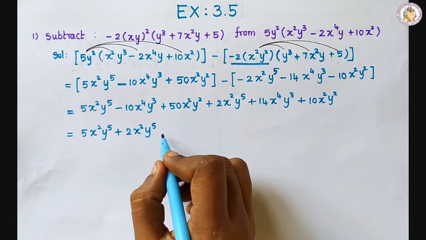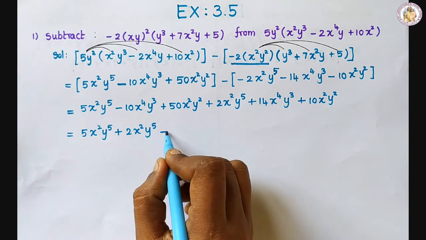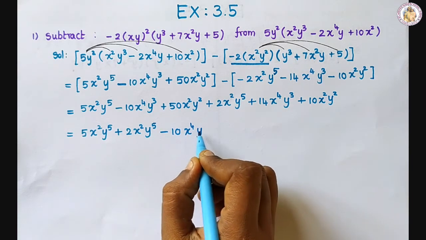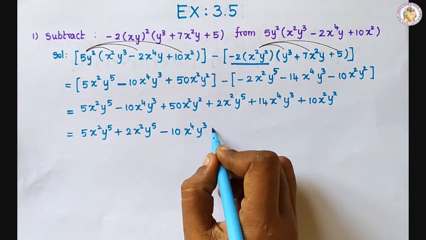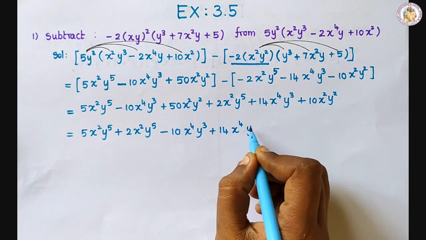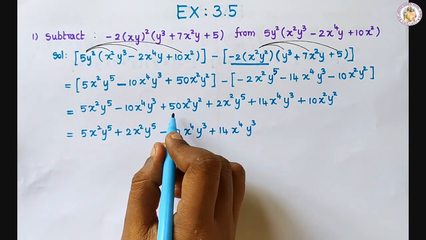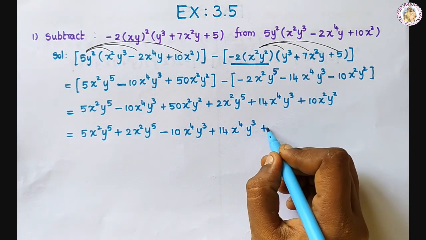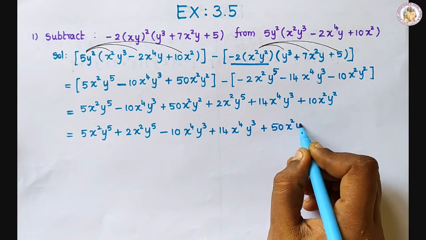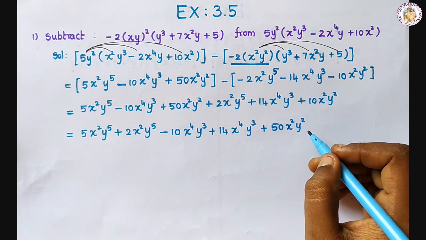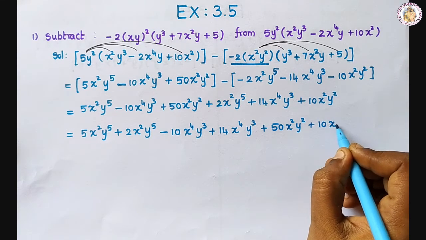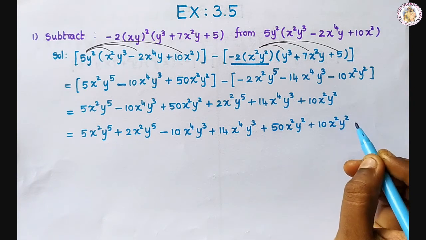Next term x power 4 y cube term, 10 x power 4 y cube plus 14 x power 4 y cube, and then x squared y squared term plus 50 x squared y squared plus 10 x squared y squared.